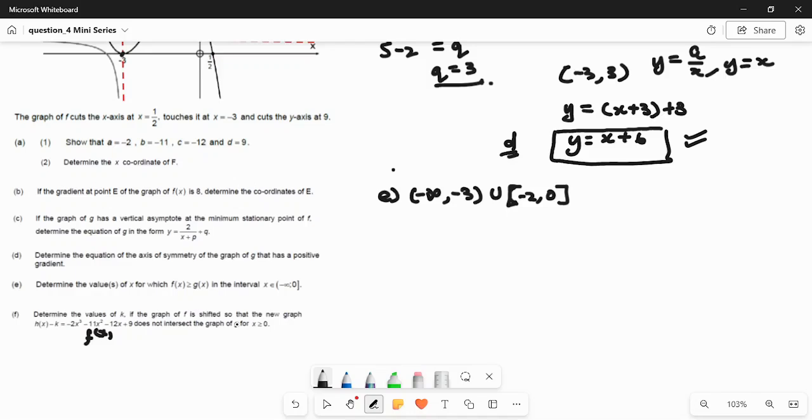Okay, so now we are given a new function that is defined by h of x minus k is equals to f of x. However, for this function h of x, we are told that it should not intersect g of x whenever our x values are greater than or equal to 0.